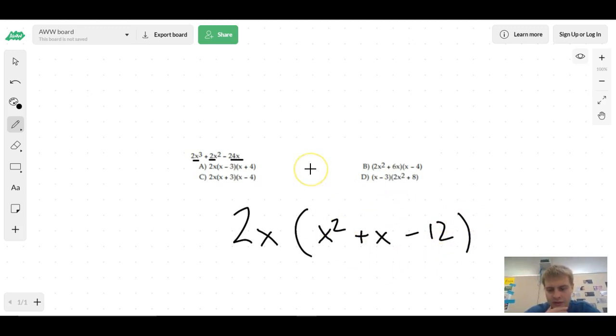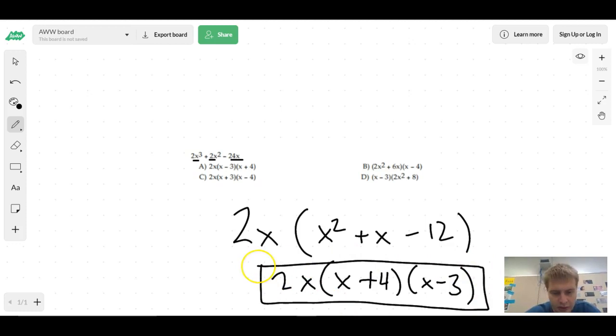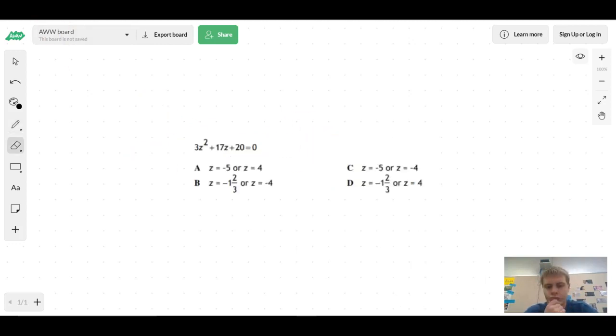Now when I have this, I can think about what I could factor this into, which I could factor into x plus 4 and x minus 3. So this would be my factor, or A would be the correct choice right here. Make sure before you try to factor stuff with cubes that you look across and see if you can divide anything out. Try the next one.